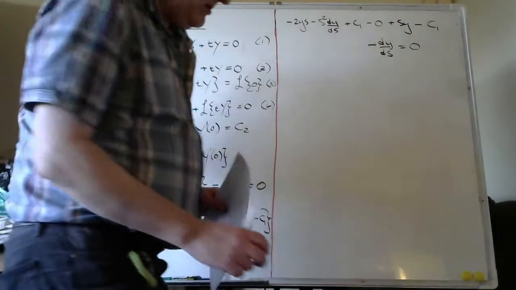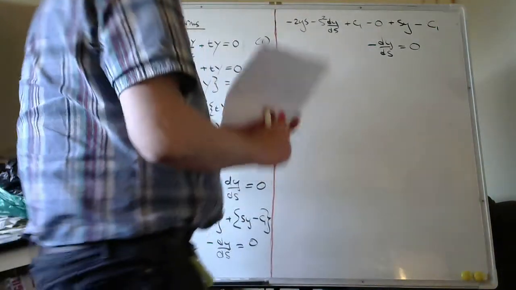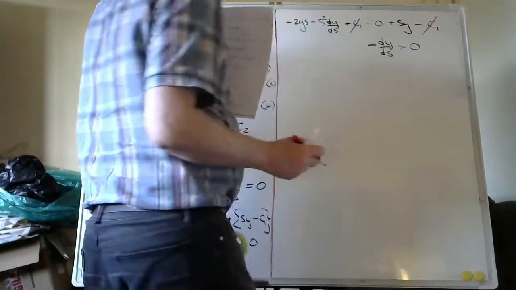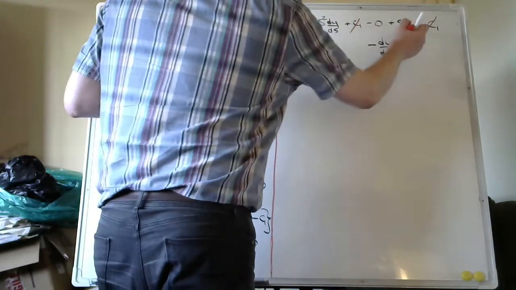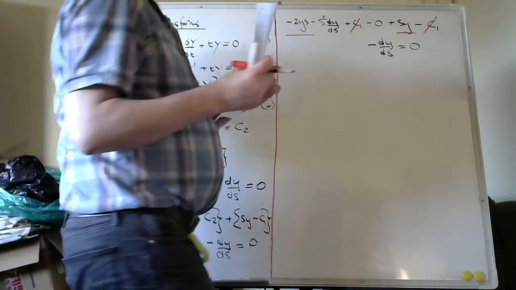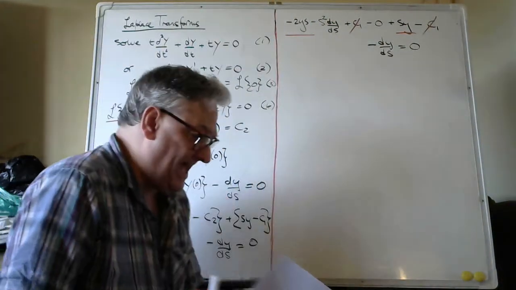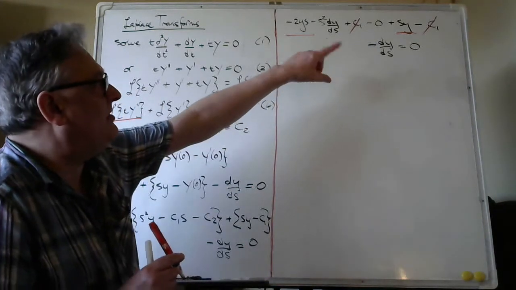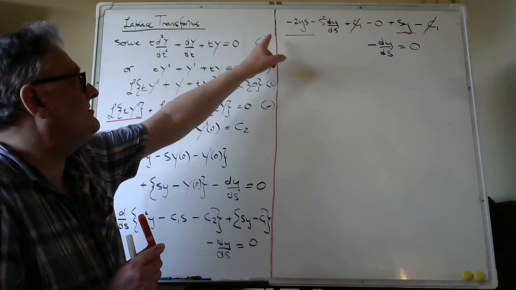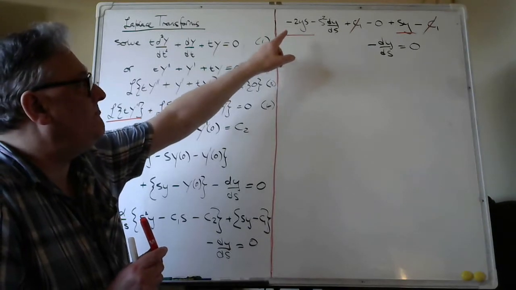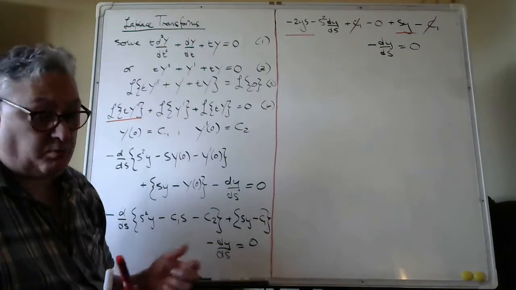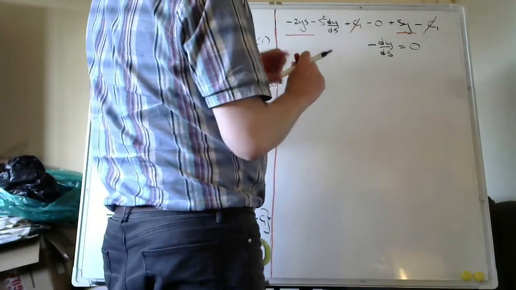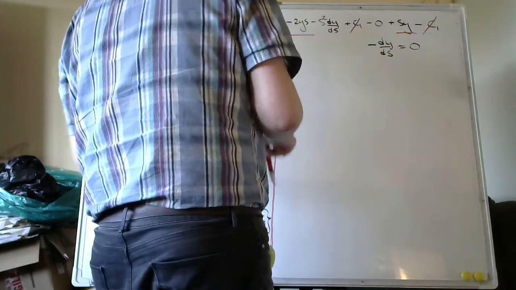So what you will notice is that the constants just cancel, and this has the same form as that. So we've got minus 2ys plus sy. Well, sy is just ys. So minus 2ys plus ys is just minus ys. So if we collect the terms together, let me get a different colour.